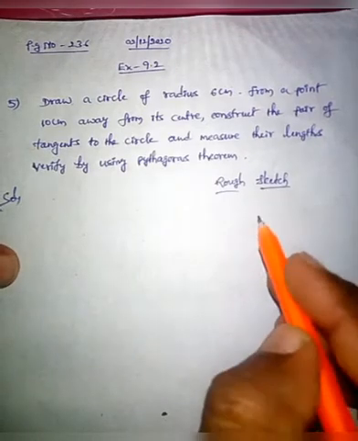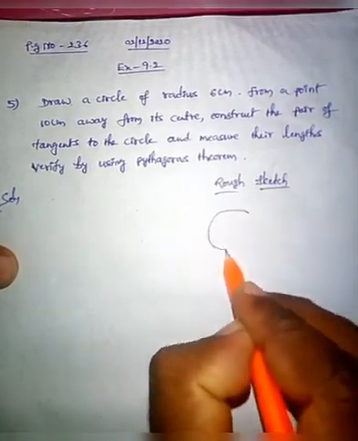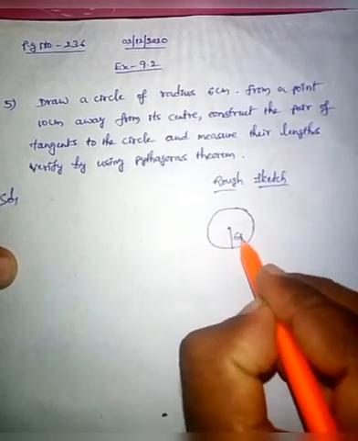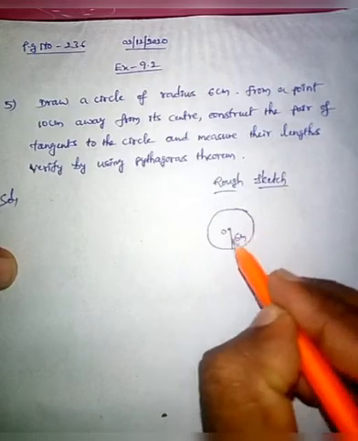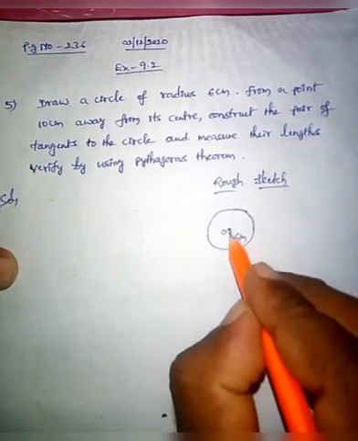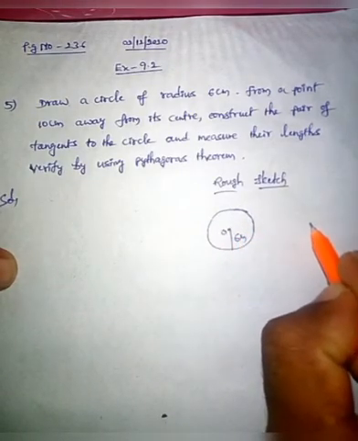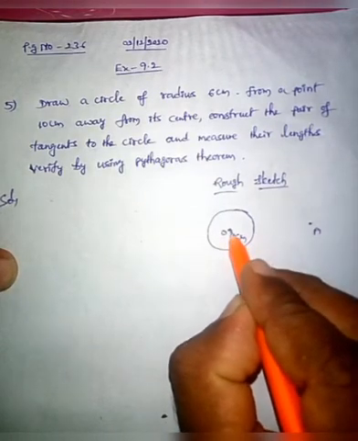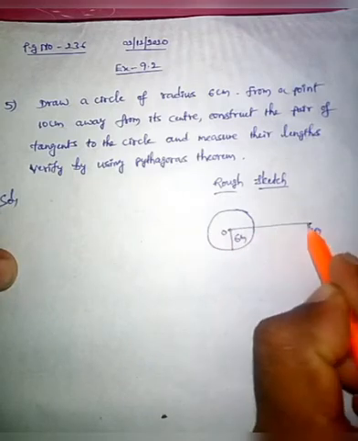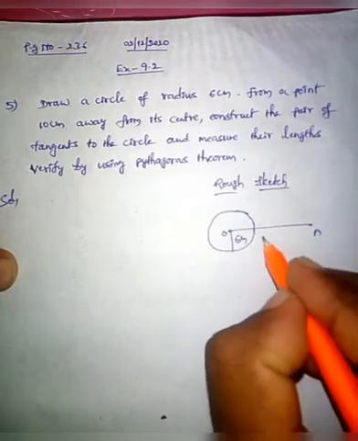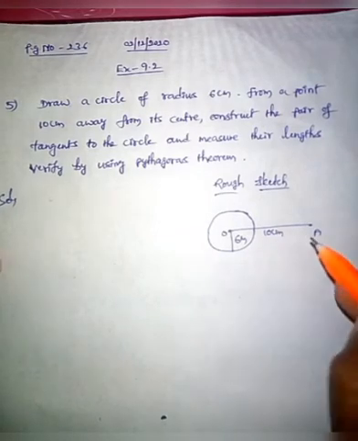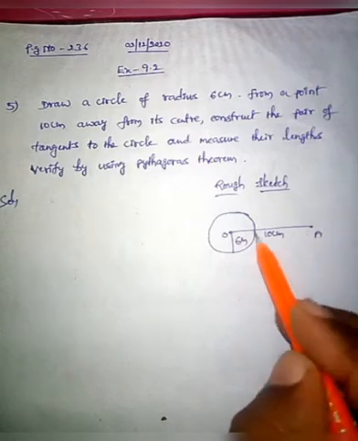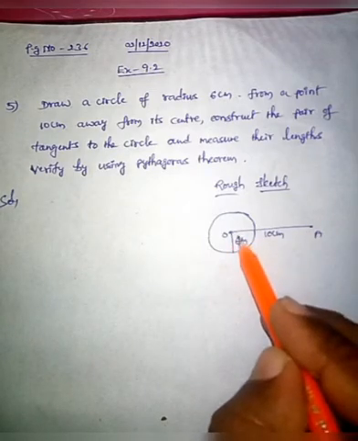First of all we have to draw a circle of radius 6 centimeters and name the center of the circle as O. Then we select a point outside of the circle and name this point as A, and the distance between the center of the circle and the selected point is 10 centimeters.